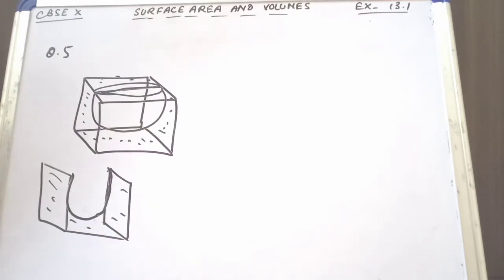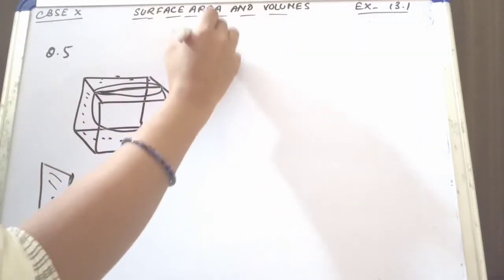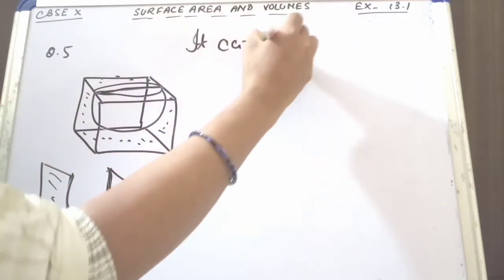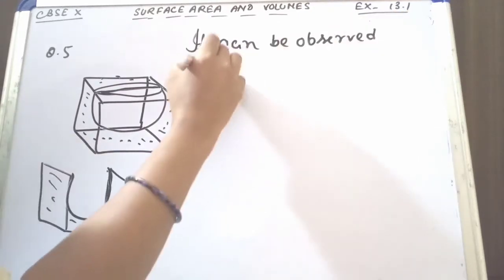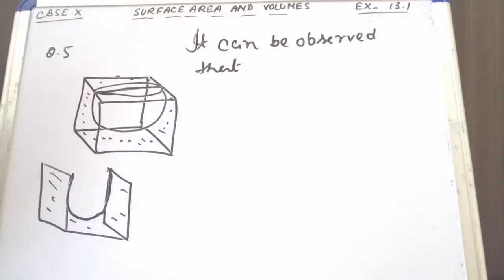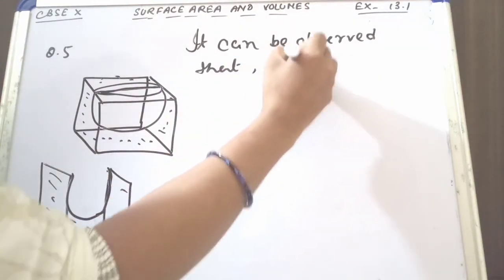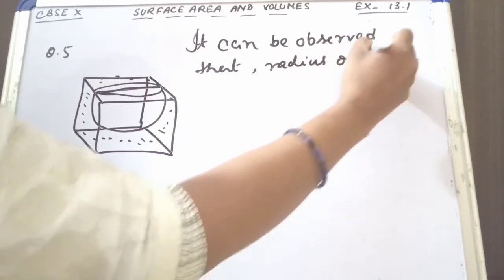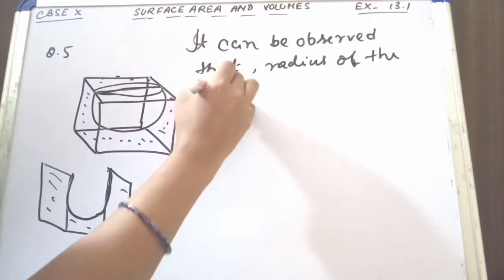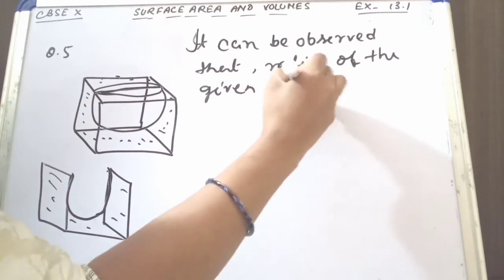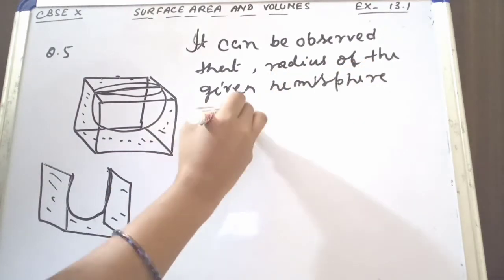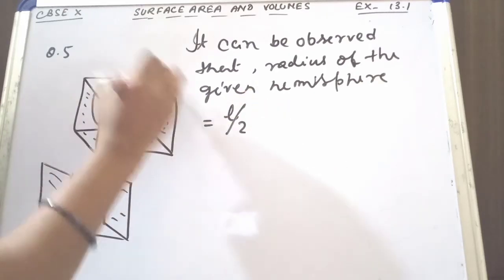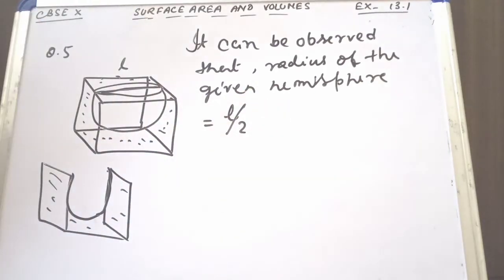So it can be observed that the radius of the given hemisphere is equal to L by 2, because diameter is L, so radius is L upon 2.